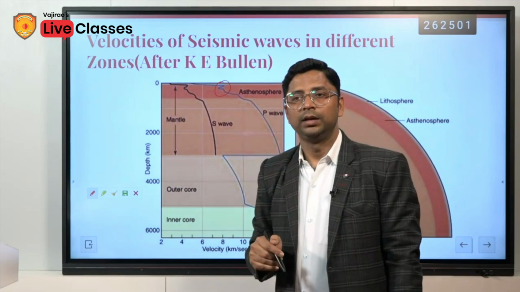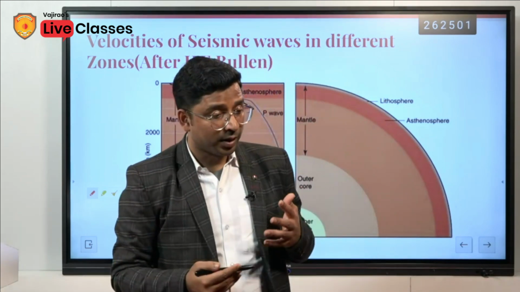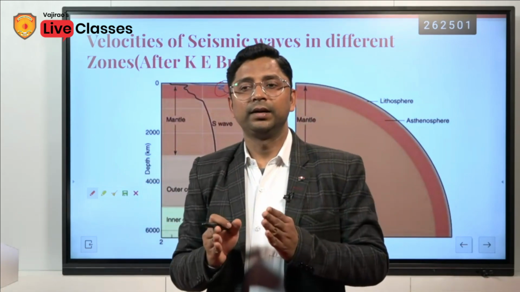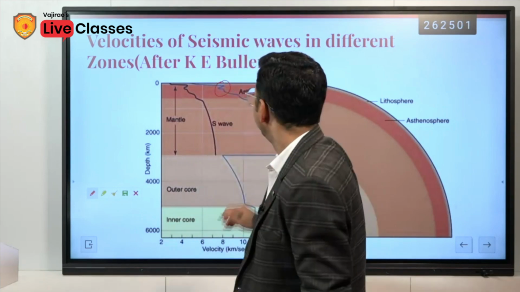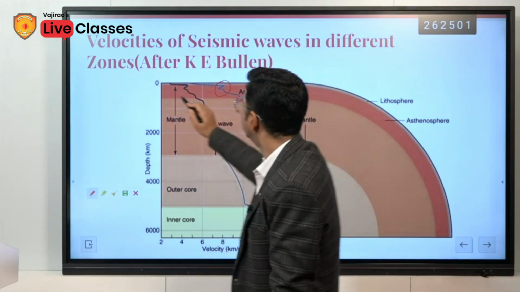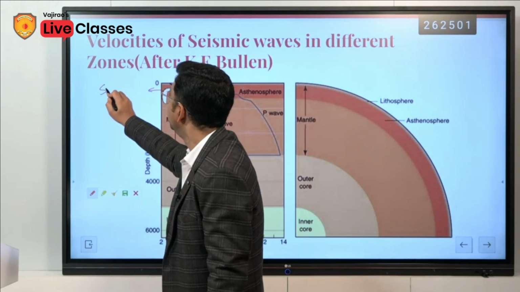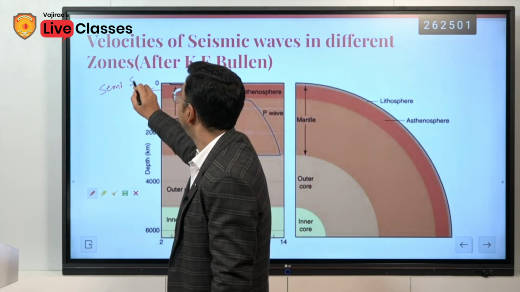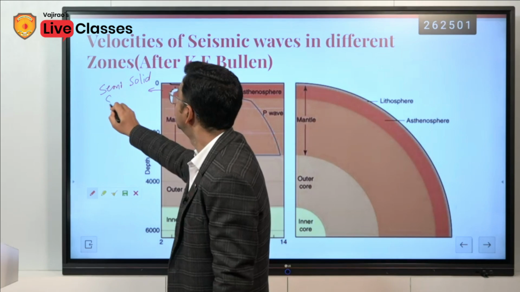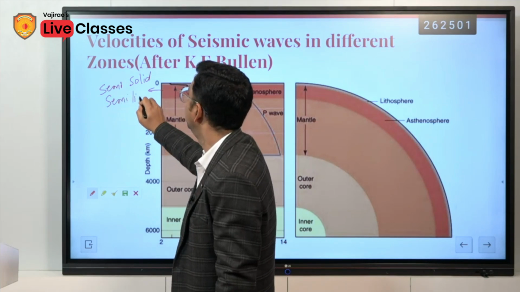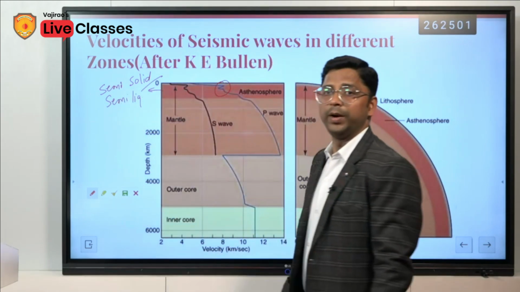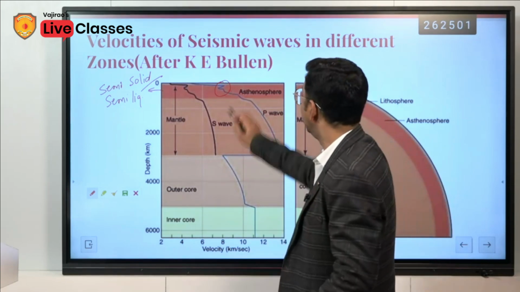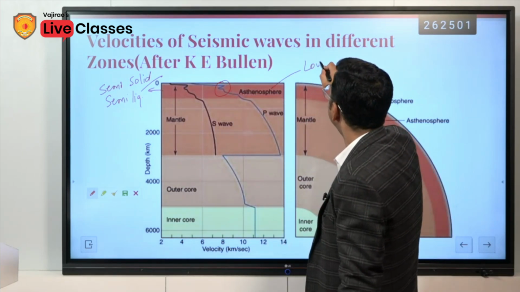What is that? Scientists confirmed that this is a layer where the earth is made up of semi-solid or semi-liquid material. This layer is called the low velocity zone.